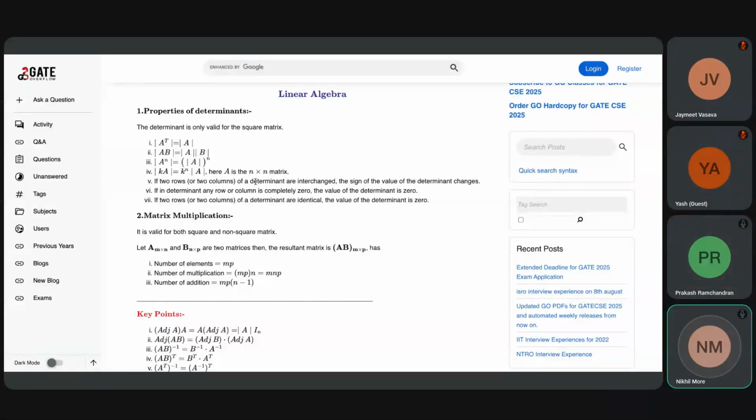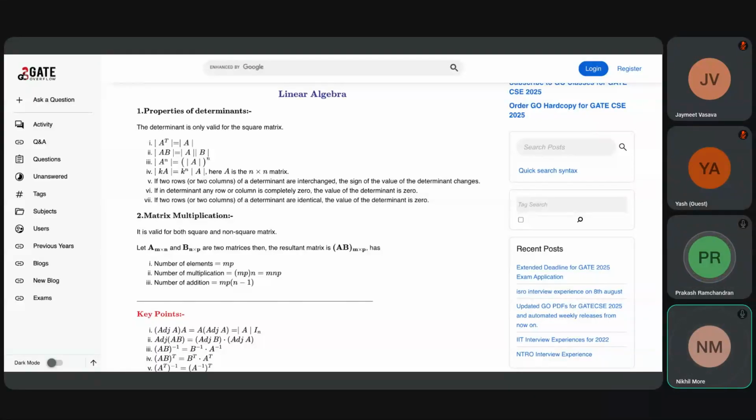Again, if two rows or columns of a determinant, actually of a matrix, are interchanged, the sign of the determinant changes. It basically comes from the definition of determinant, because by definition it is like minus 1 raised to n.